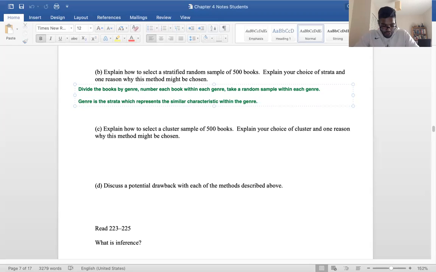Okay. How would you do it with clusters? With clusters, you could divide by location. So you could divide by rows or columns. Number each row and column.